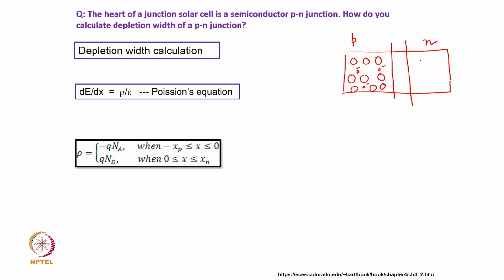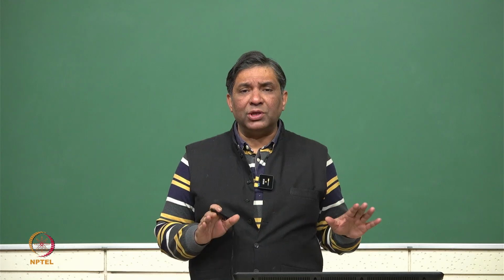In the n type semiconductor, electrons are majority and then there are some holes, which are minority carriers. As soon as we make a junction, diffusion starts because of the concentration gradient, eventually creating a depletion layer.